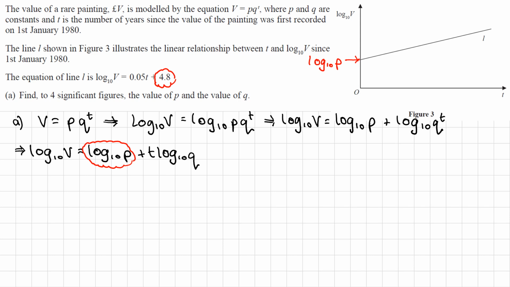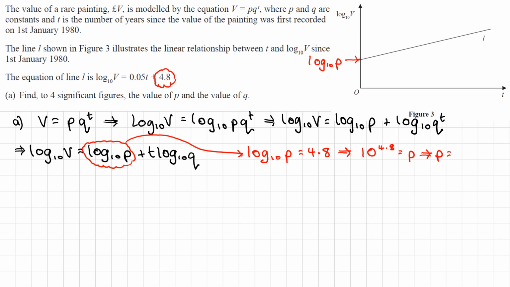Let's color code it, let's do this in red. We've got log to the base 10 p is equal to 4.8. So if we write this log as a power, what we'll have is 10 to the power 4.8 is equal to p. Let's see what that gives us on our calculator.